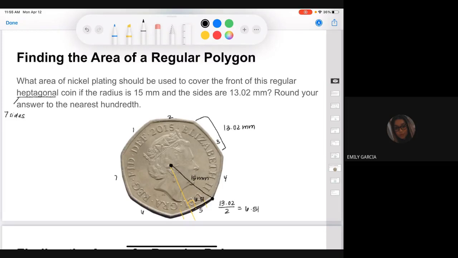Okay, so now what I'll realize is that I have a right triangle there, and I know my hypotenuse, and I know the length of one of my sides, but to find my A, my apothem, what I need to do is, again, use the Pythagorean theorem. So I'll plug that in.